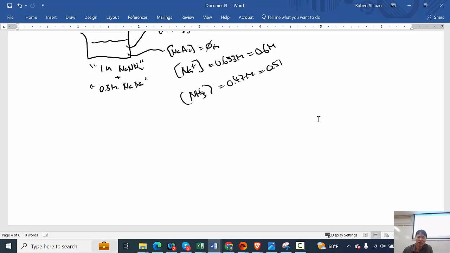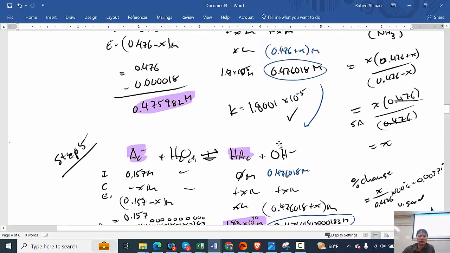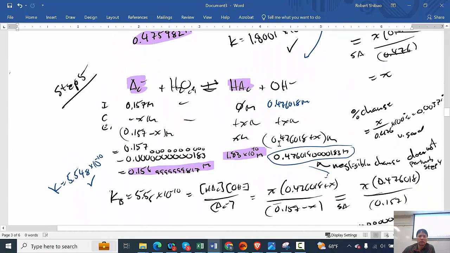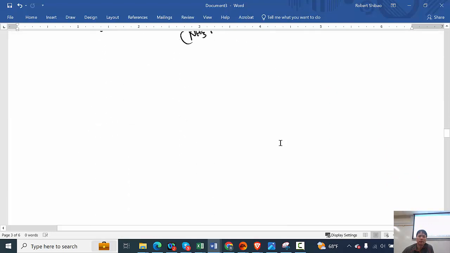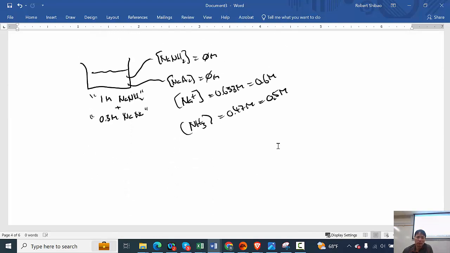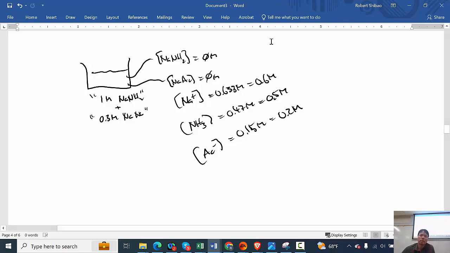This is just going to be 0.5 molar. Acetate is going to be 0.15 molar. This is 0.2 molar.